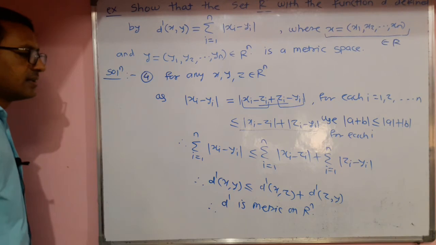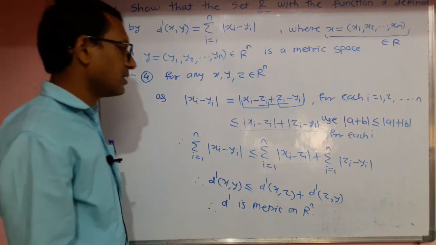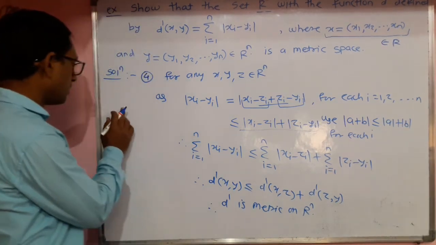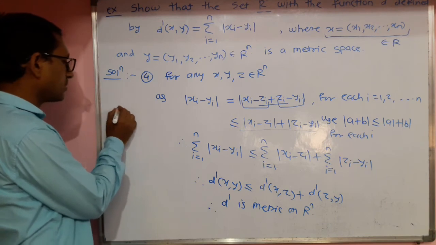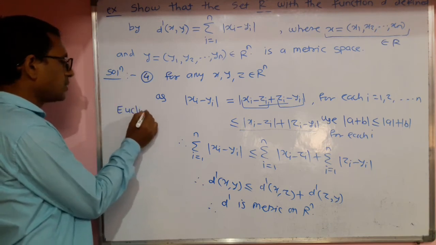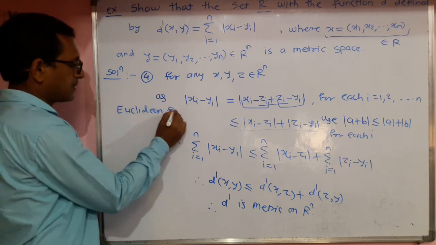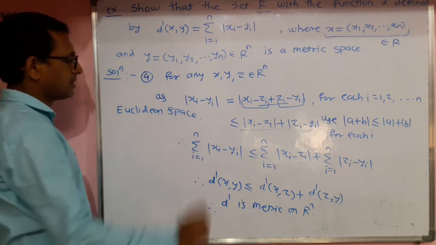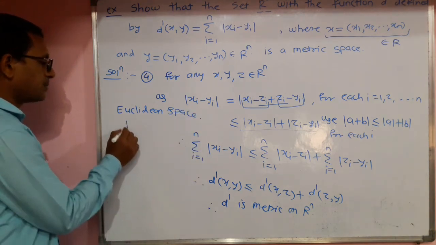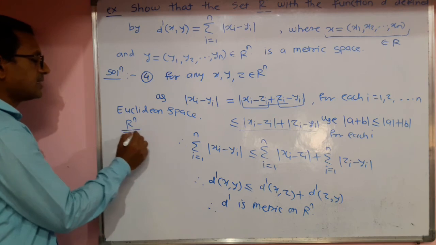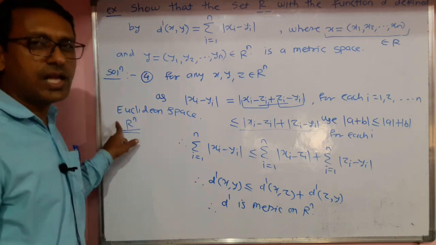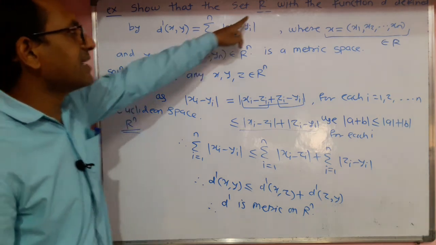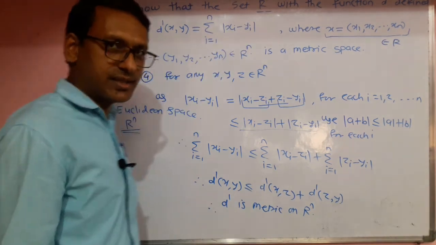I want to note one thing that we have seen: the Euclidean space. In the Euclidean space, the set is the same R raised to n, the set of all ordinary n tuples, and here the set is the same set R raised to n.